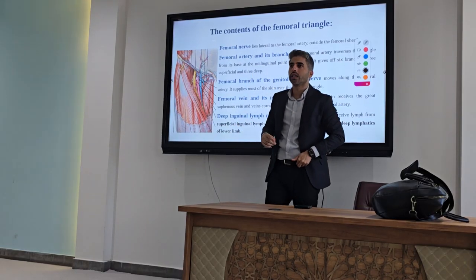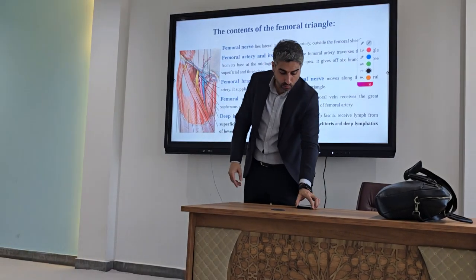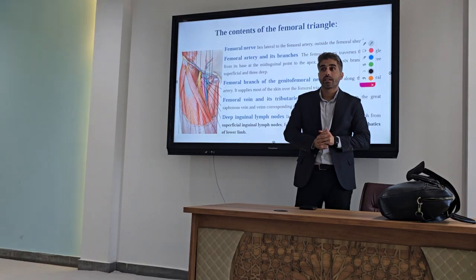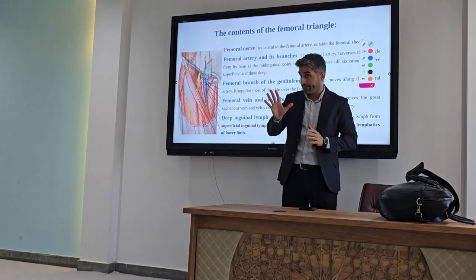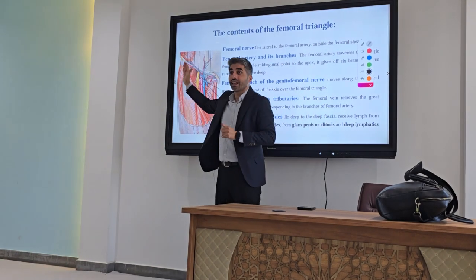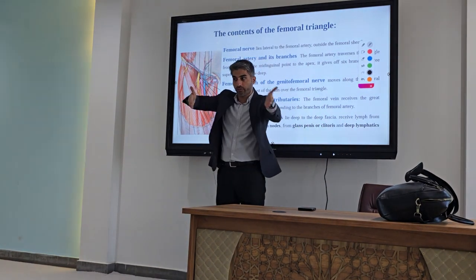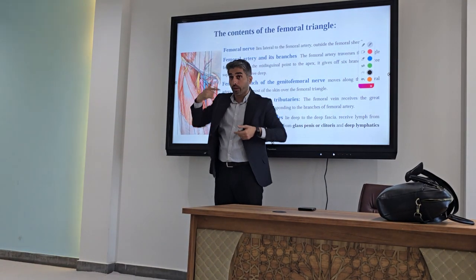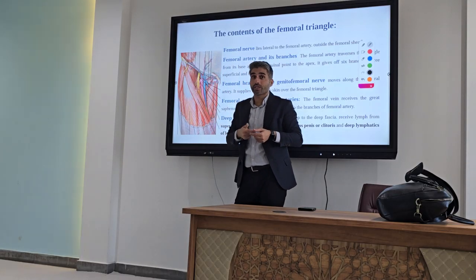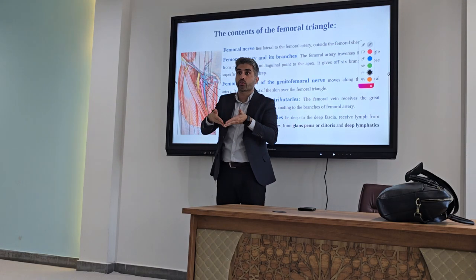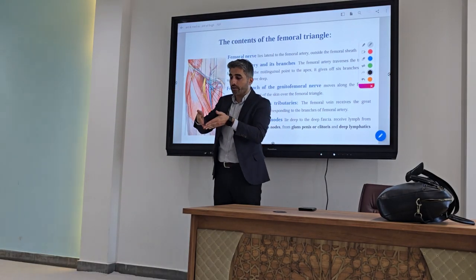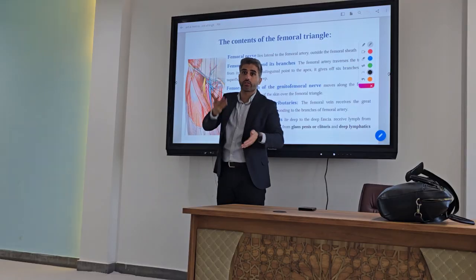If I ask you which structure is the most lateral structure in the triangle? Sartorius is the lateral wall of the triangle. But the question was, which structure is the most lateral structure inside of the triangle? The femoral nerve. Which structure is the most medial structure inside of the triangle?